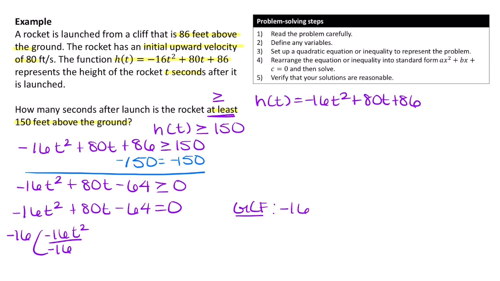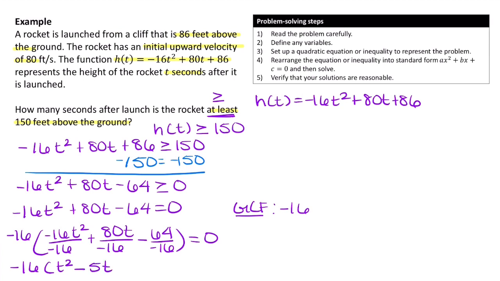So I have negative 16t squared over negative 16 plus 80t over negative 16 minus 64 over negative 16, and that's equal to 0. So that gives me negative 16 times, this becomes now t squared minus 80 over negative 16, which is 5. So 5t, and then minus over negative becomes plus, so 64 over 16 is 4, and that's equal to 0.